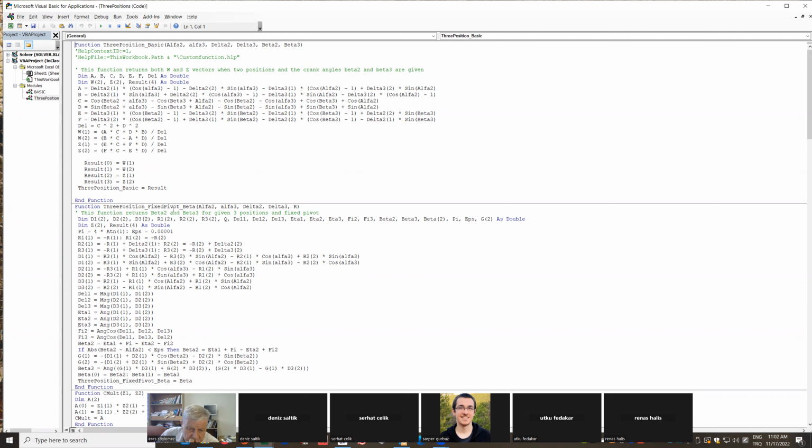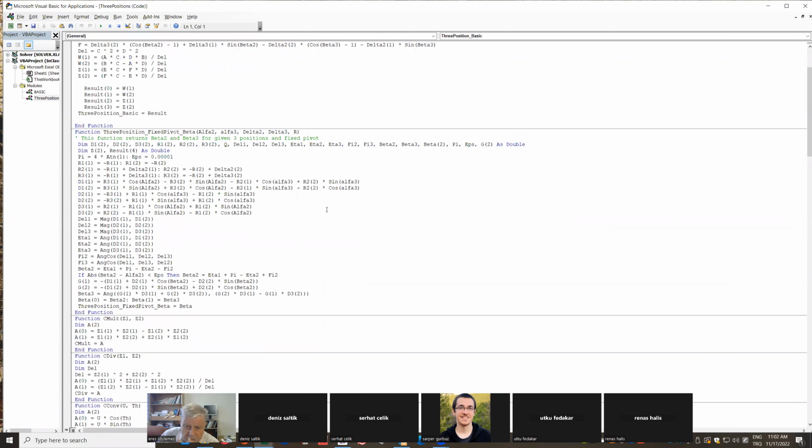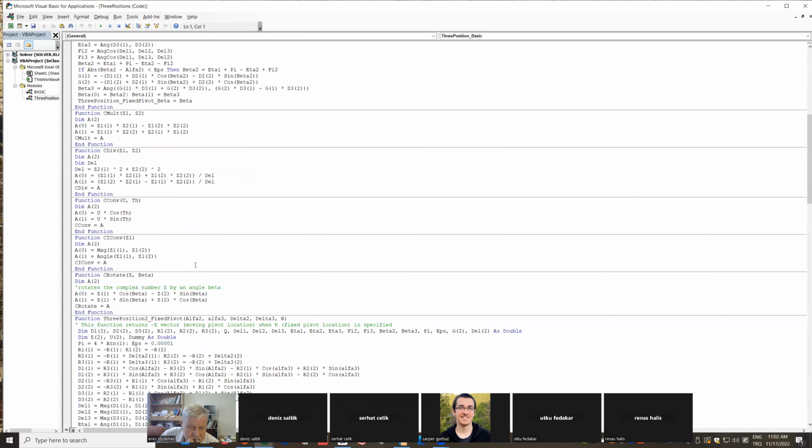3 position fixed pivot beta. You have the beta 2 and beta 3 values given, and fixed pivots are obtained. Forget about these.